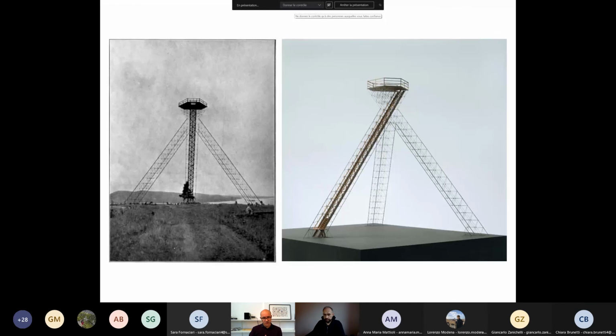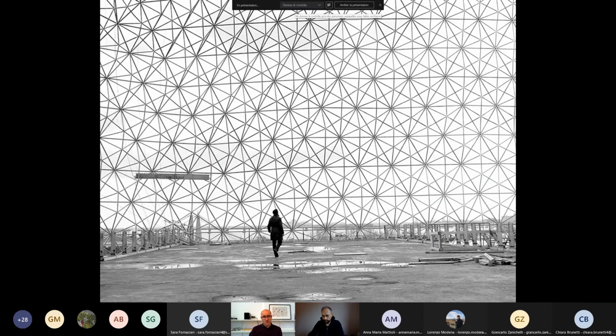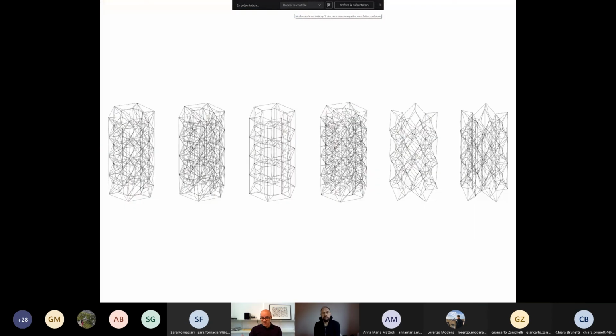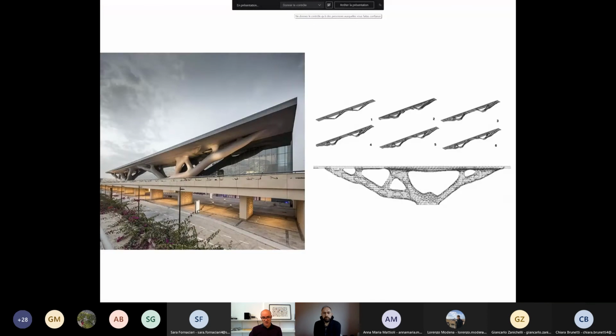If you look at that, there's a full history of lightweight structures which are conceptually amazing and also especially amazing as well. And obviously, thanks to 3D printing, we can go much further than what we did in the past, you know. So these are things.